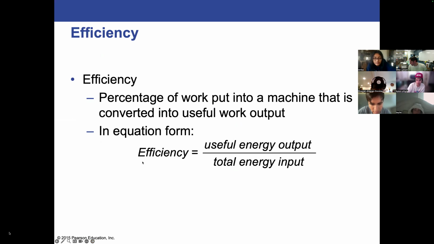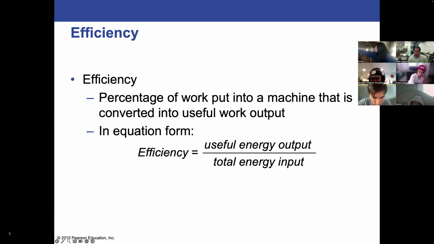Efficiency. What's the efficiency of a machine? This is a pretty easy equation, but you do need to understand how to do it. It's useful energy output divided by total energy input.